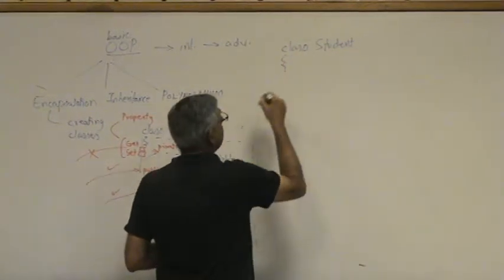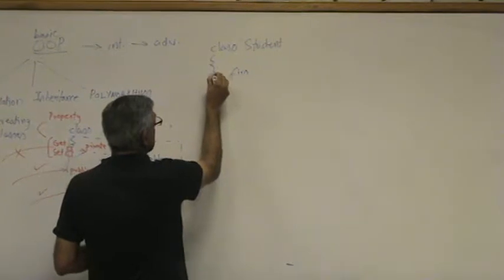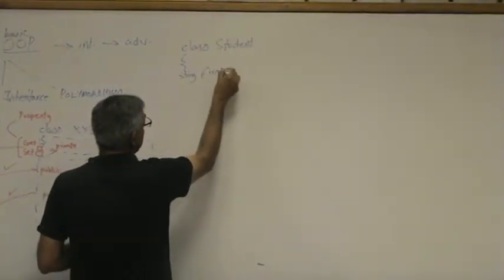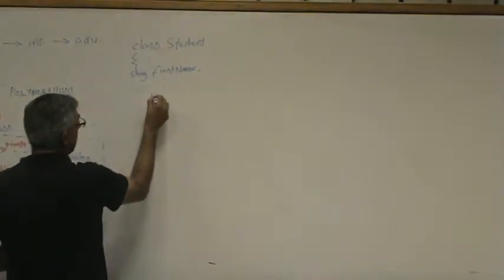Remember we had 5 fields in it, right? String first name, by default it's private, correct? And then the corresponding public property.